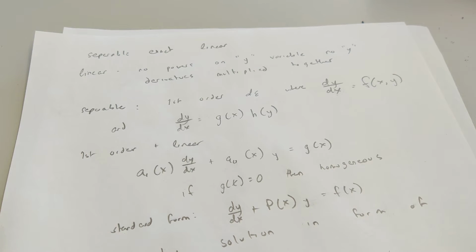Going to separable, it was a first-order differential equation where the first derivative of y with respect to x would equal a function of x, y, that could be written as the multiplication of a function of x times a function of y.